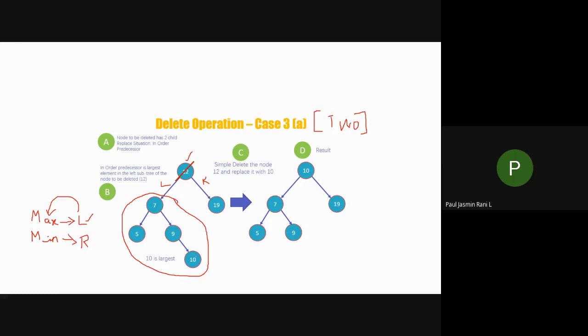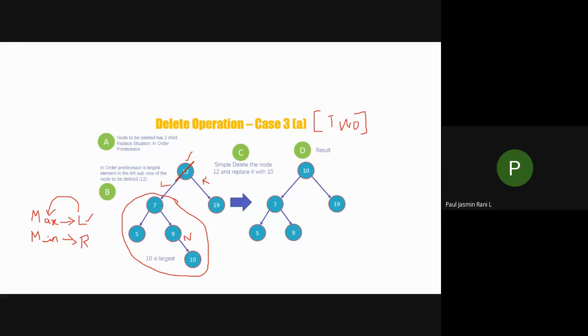So I'm going to take the address of this one, and remove this element from here. To remove it, I'm going to mark null over here, because this particular node is a leaf node, isn't it? So the right child of the 9 node, I should mark as null.